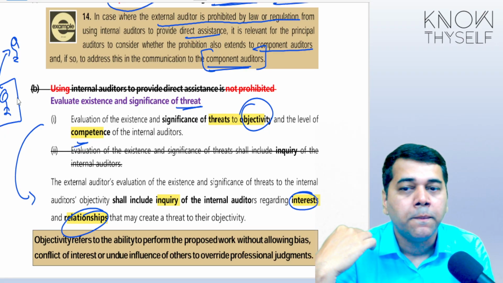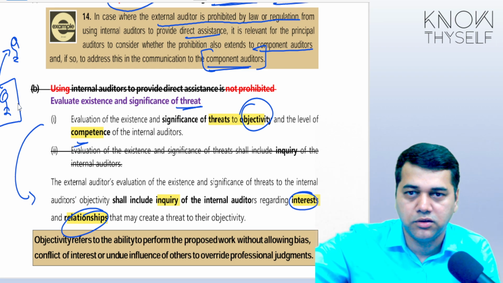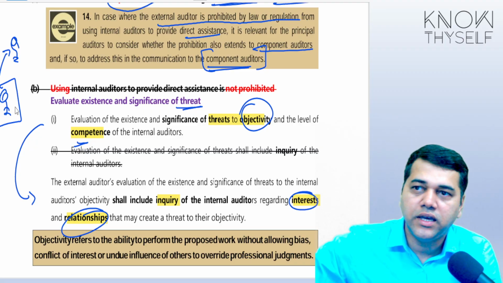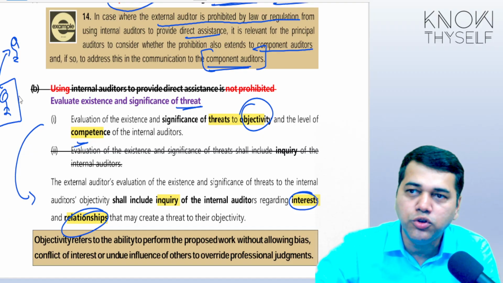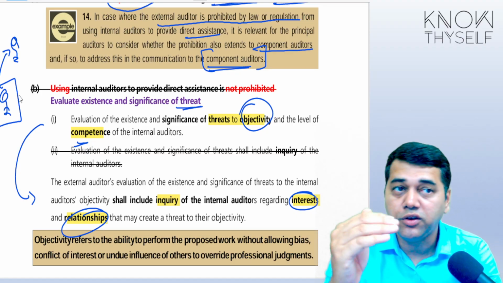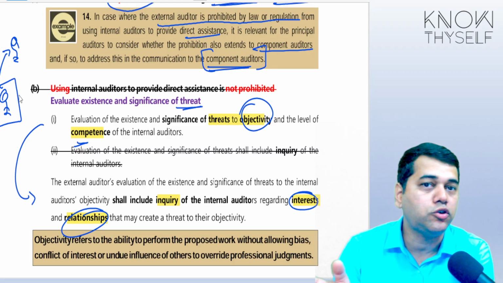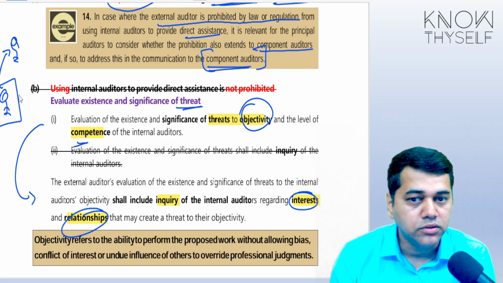It's more like you are asking a neighbor's son or daughter to do some work for you. Their loyalty is for their parents, not for you. They have come to you only for one particular work. But be careful when you are inviting somebody to your work, there can be some threat to objectivity or competency. I hope this example is very clear to you.